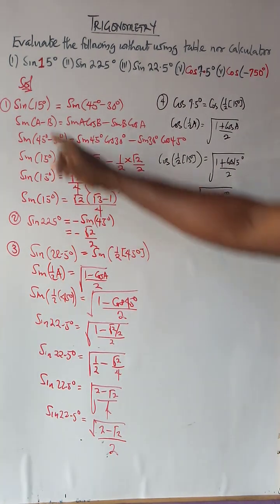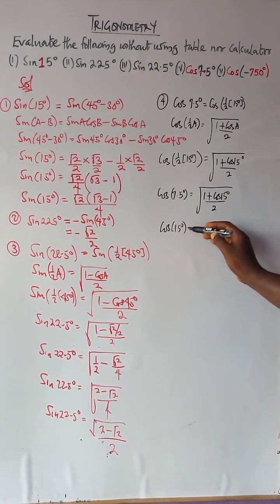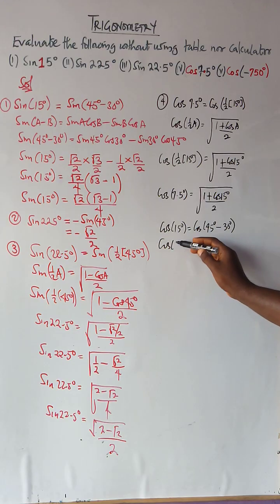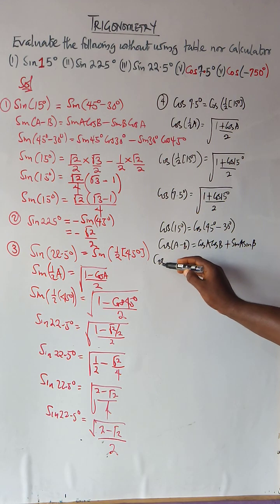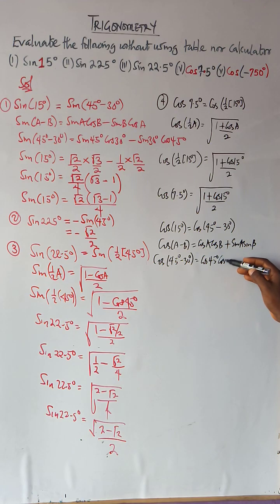Similar to what we did here, cos 15 can be written as cos of 45 minus 30. Using cos A minus B, cos A minus B is cos A cos B plus sin A sin B. So cos of 45 degrees minus 30 degrees equals cos 45 cos 30 plus sin 45 sin 30.